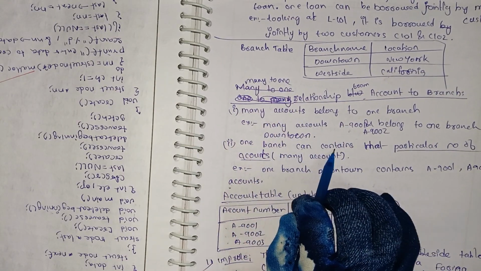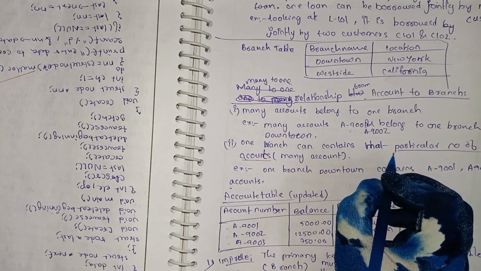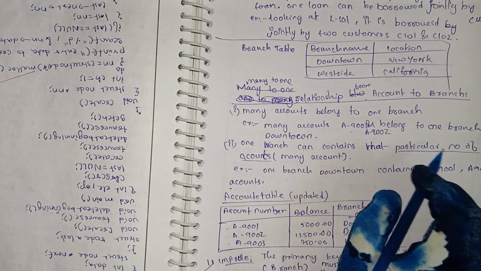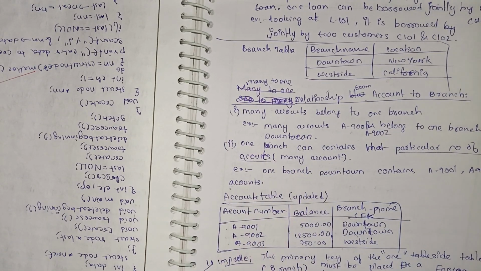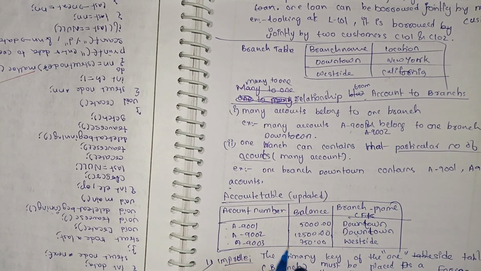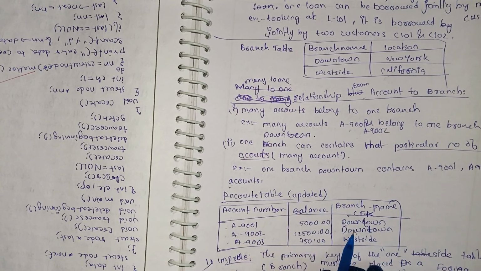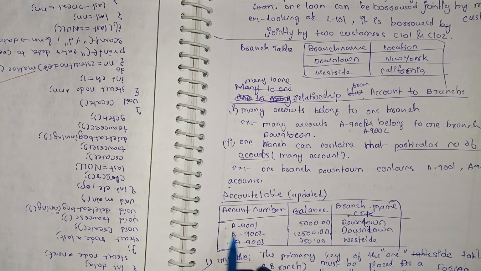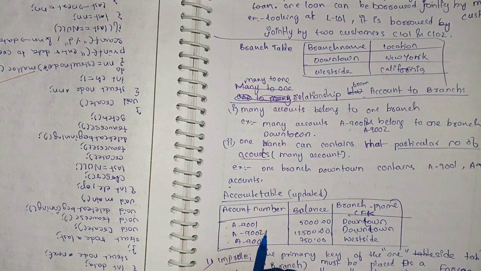And then one branch can contain many accounts. Here the example is one branch, downtown, contains A9001 and A9002, multiple accounts.